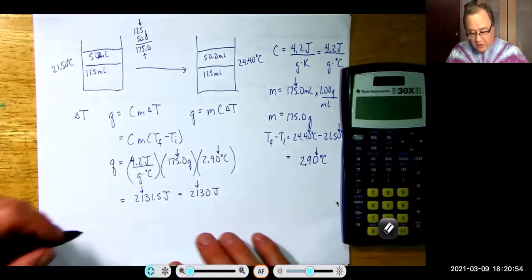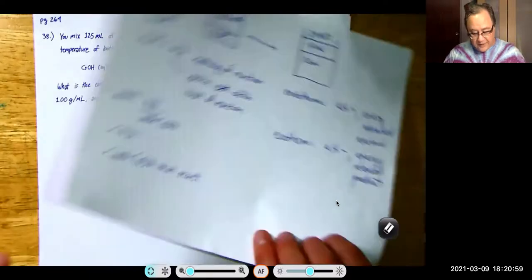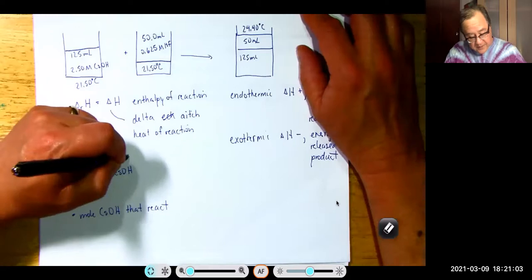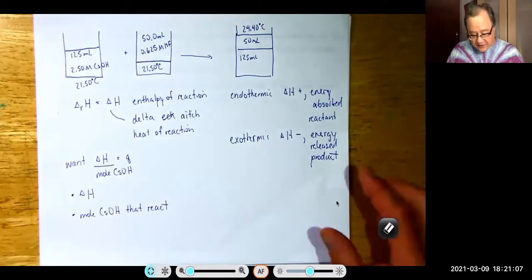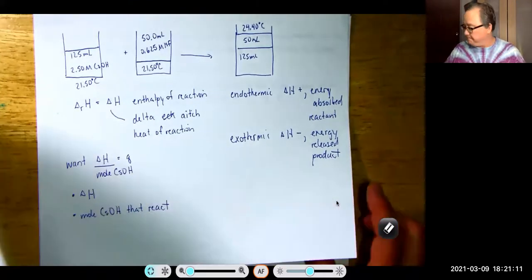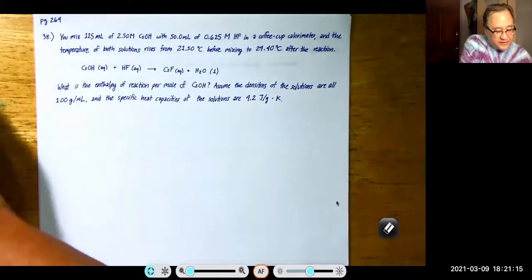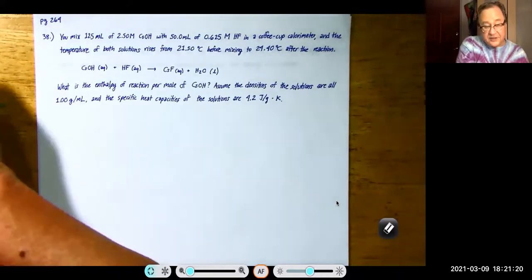Remember, if we go back and look at the setup, we need the delta H, which is Q, and we need the moles of cesium hydroxide. So now we have the delta H. Let's calculate the moles of cesium hydroxide. So to get the moles of cesium hydroxide, I'm going to use the molarity of cesium hydroxide.